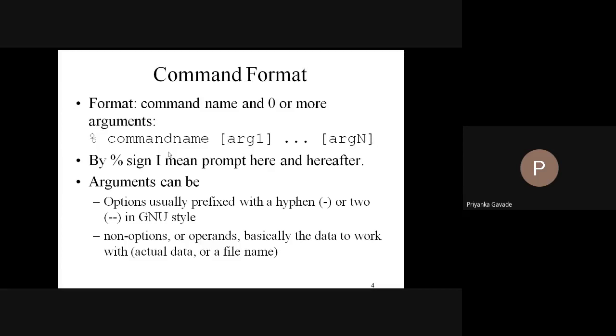Some commands only accept arguments, and a set of commands take both arguments as well as options, right? So we have four different ways of writing a command, correct? The operands, basically the arguments part, could be the actual data itself or could be the name of the file on which the command is supposed to work.